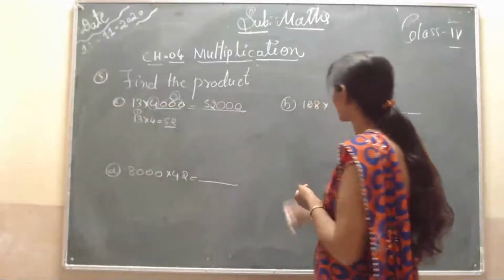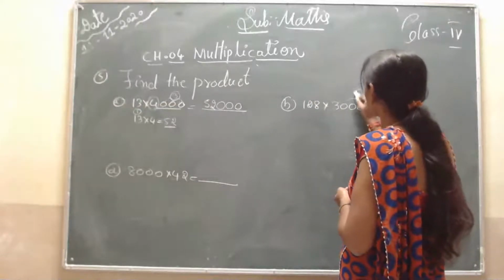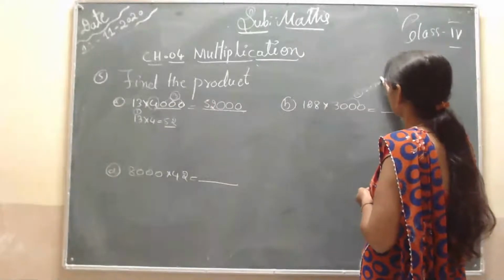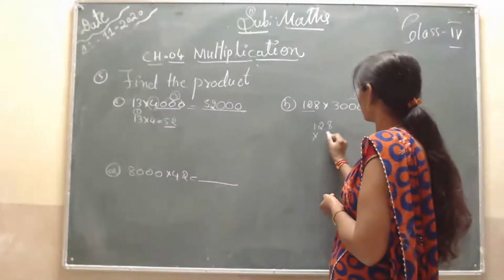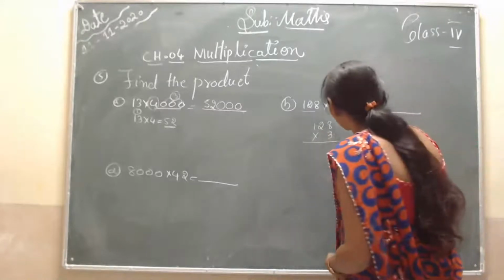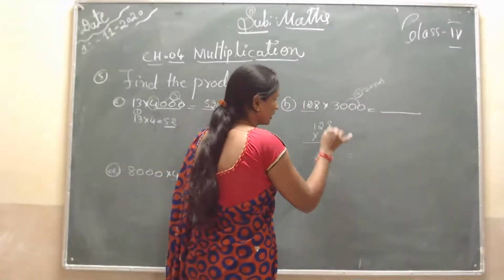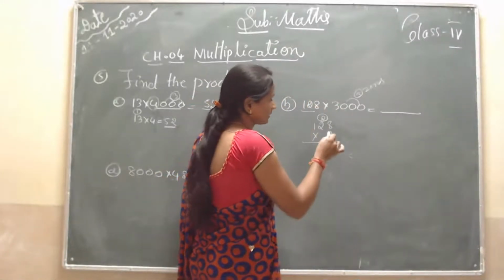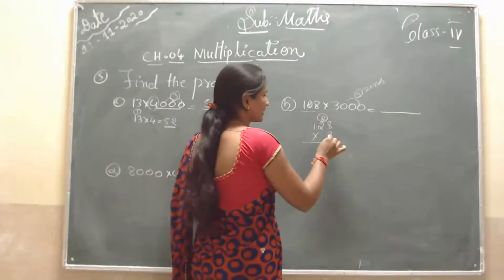So next, in B. First you have to consider the number: ones place, tens place, how many zeros, students? This is 3 zeros. So first 128 into 3. You have to multiply those numbers. 128: 3 eights are 24. 3 twos are 6, 6 plus 2 is 8. 3 ones are 3.